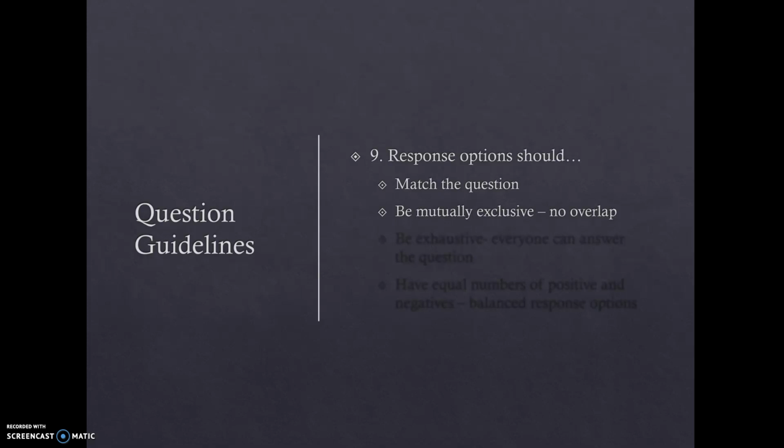And also, your response options should match the question. And like we talked about before, those options should be mutually exclusive. Let's say if you ask people's party ID, you should ask them, at least in the United States, do you identify with Republican, Democrat, Green Party, or other? You don't want to ask a question that's so ambiguous.